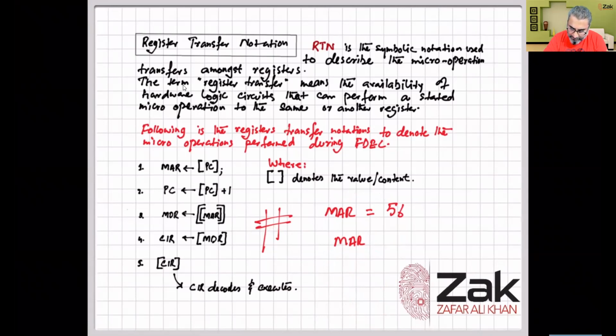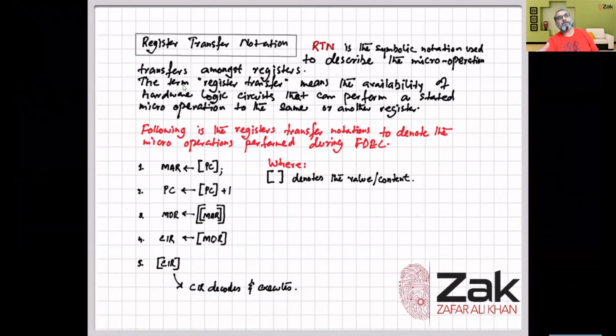The content of that memory address is then fetched and placed in what? MDR. In this case, it is an instruction. So the instruction from memory has arrived in MDR. And the content of MDR, which is an instruction, goes to CIR, and the bracket means that CIR decodes and executes it.